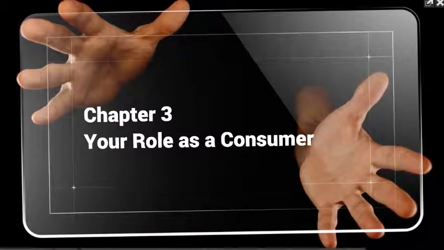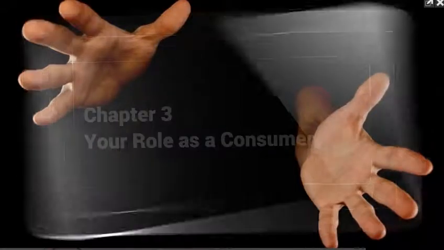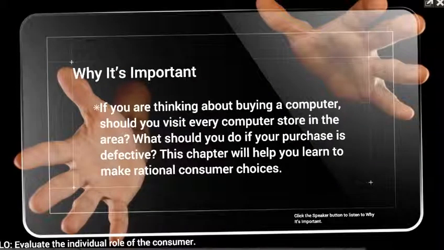Chapter 3, Your Role as a Consumer. Why it's important. If you are thinking about buying a computer, should you visit every computer store in the area? What should you do if your purchase is defective? This chapter will help you learn to make rational consumer choices.